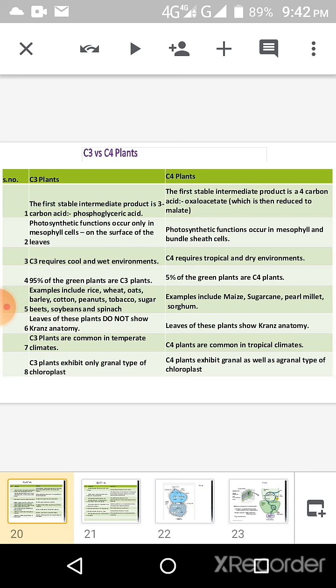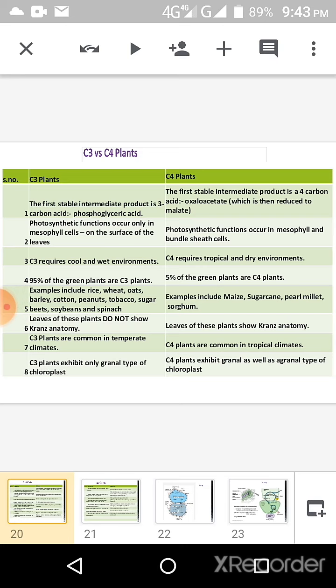C3 plants require cool and wet environments. C4 plants require tropical and dry environments. 95% of the green plants are C3 plants. Examples are rice, wheat, oats, etc. 5% of the green plants are C4 plants. Leaves of C3 plants do not show Kranz anatomy, whereas leaves of C4 plants show Kranz anatomy.